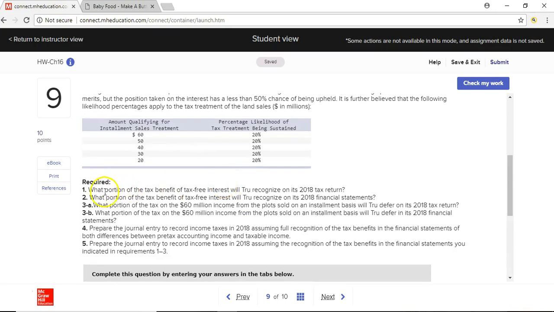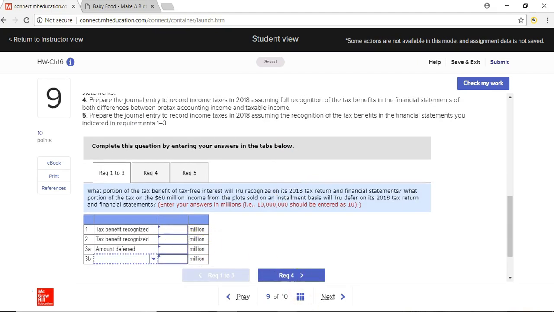Let me make sure. The first question: what portion of tax-free interest on the tax return form? The second question: what portion of the interest will be recognized on the financial statements? The first box is about the tax form.